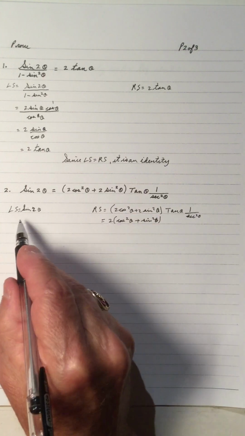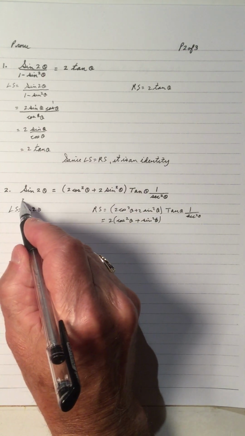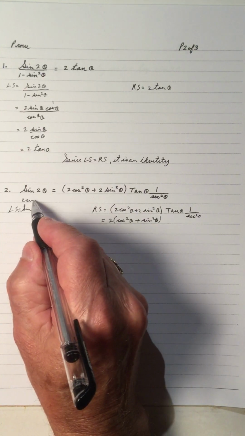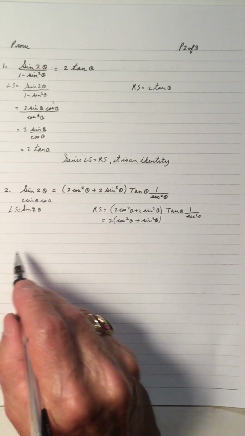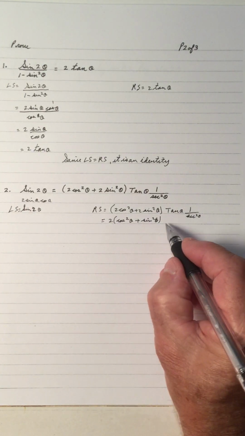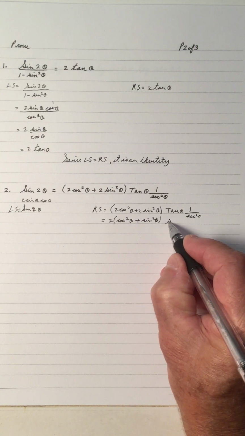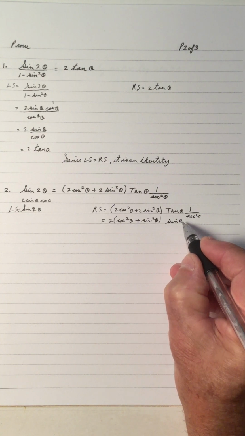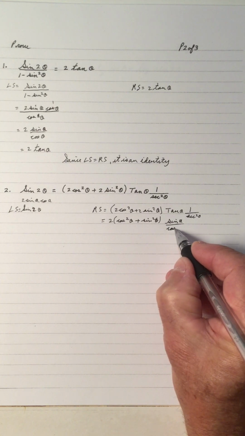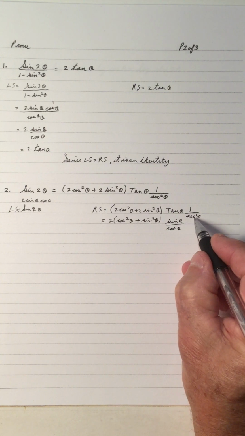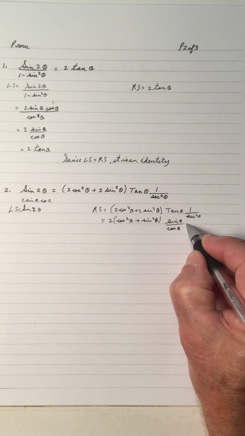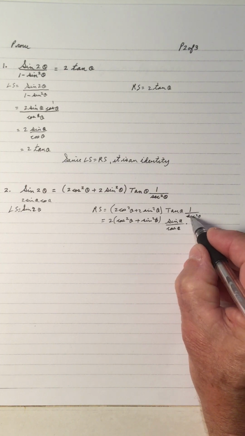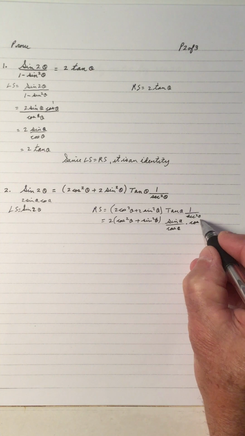And again, sine 2 theta is 2 sine theta cos theta, so I'm looking for sine and cos, so we change tan to sine theta over cos theta. And we have secant, there's no secant here, but the reciprocal of secant is cos, so secant squared becomes cos squared.